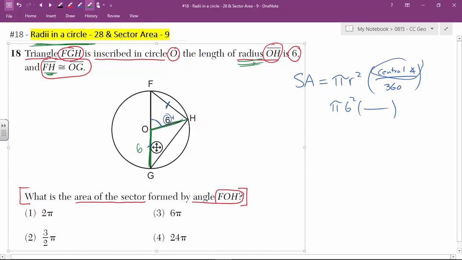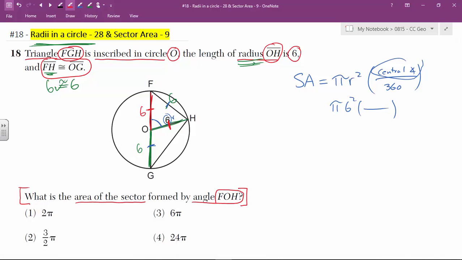And because OG, which I just found out is 6, is congruent to FH, that's also got to be 6. And since FO is also a radius, that's also got to be 6. All of those segments in that circle that I've indicated are congruent.